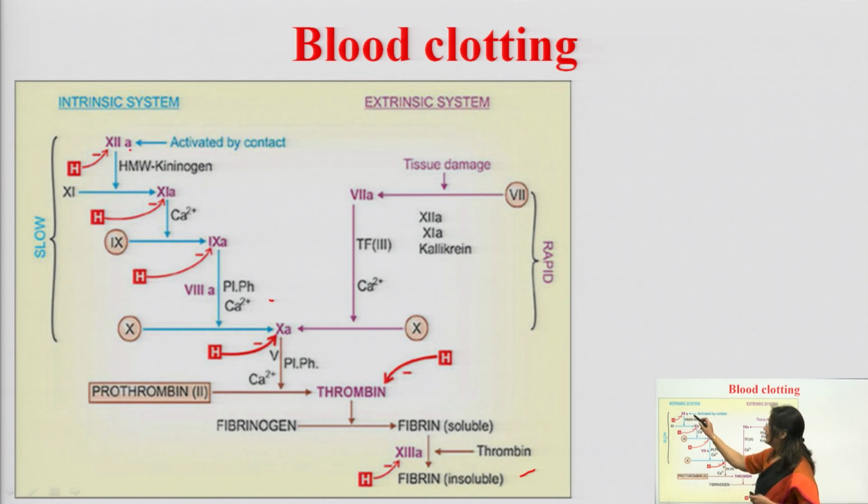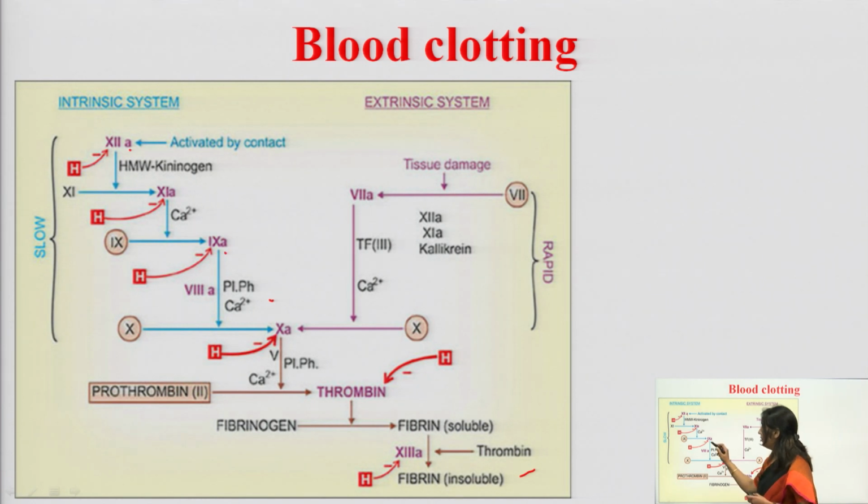Activated factor 12A will activate factor 11 in the presence of high molecular weight kininogen, and activated factor 11 will activate factor 9 in the presence of calcium. Calcium plays a very important role in blood clotting.